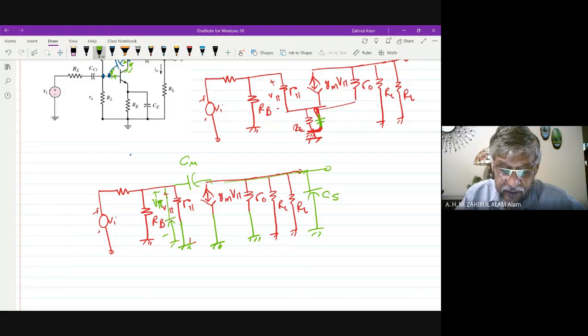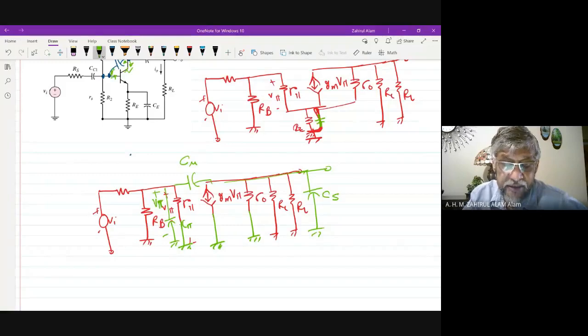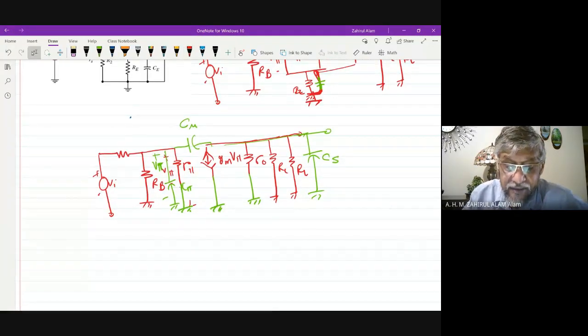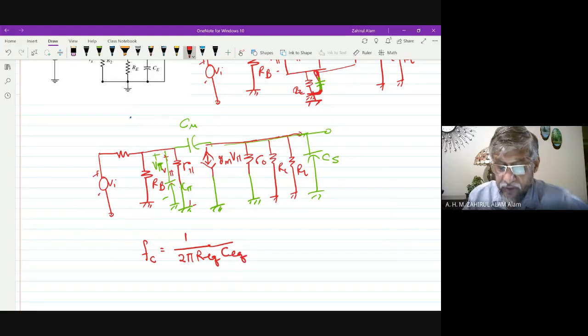Due to these capacitances, we need to see the behavior. In order to find the corner frequency, as mentioned last time, we need to calculate 2 pi times equivalent resistance and equivalent capacitance.